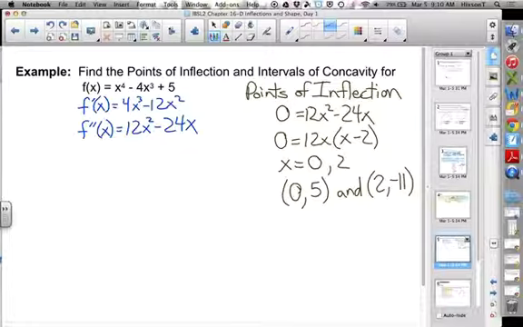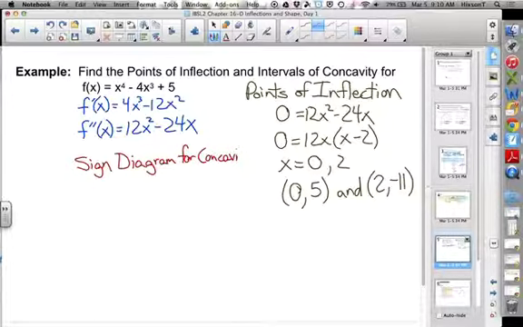But also now we can tell a little bit about our graph by doing a sign diagram, and here it's for concavity. Do these points of inflection also go on our sign diagram now that we've learned them?